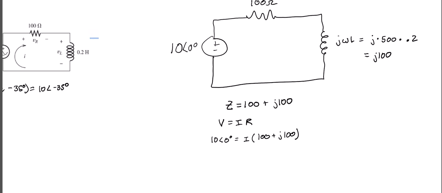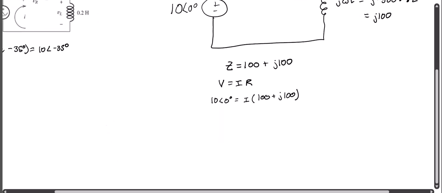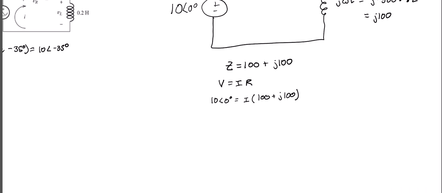Usually I go with rectangular just because I'm more familiar with that, but this one is really easy. If the resistive part and the inductive part are the same, so it's 100 and 100, that means it's a 45. Wouldn't we change the impedance into phasor because we're going to have to divide to find the current?